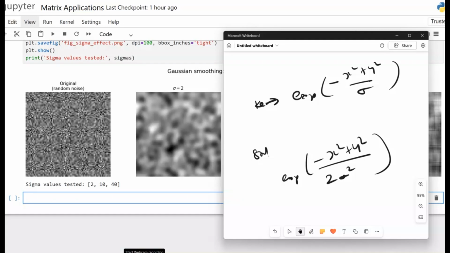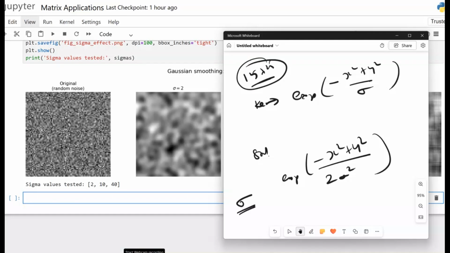We have a fixed kernel size of 15 by 15. For very large sigma, the Gaussian is truncated and the kernel becomes nearly uniform within the window. True large sigma behavior would require a large kernel support, so for that we have used this.